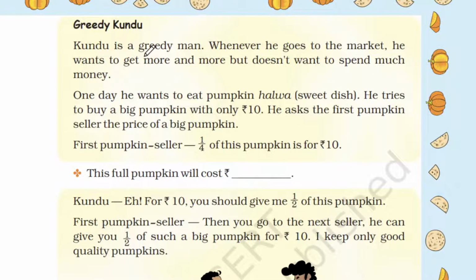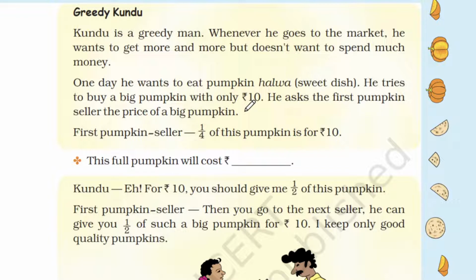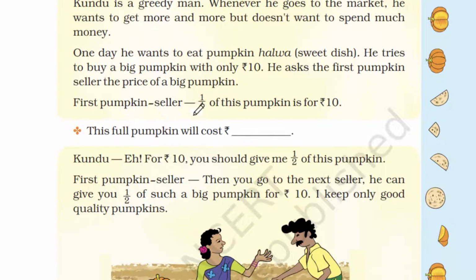That's why he's greedy Kundu. He wants to buy everything, but spend only a small amount of money. One day he wants to eat pumpkin halwa, a sweet dish.